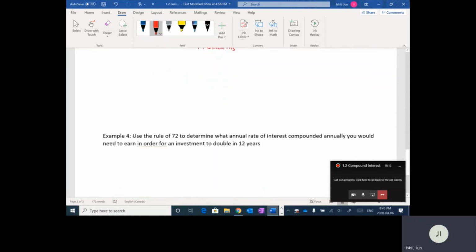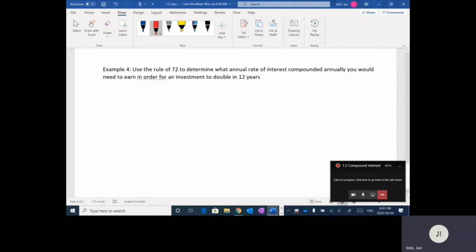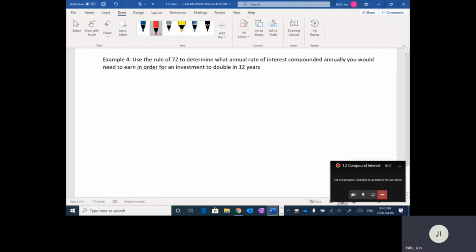All right, and this last one here is just using the other use of the rule of 72. Use the rule of 72 to determine the annual rate of interest compounded annually you would need in order for an investment to double in 12 years. So 72, again, we're going to divide it by how many years?